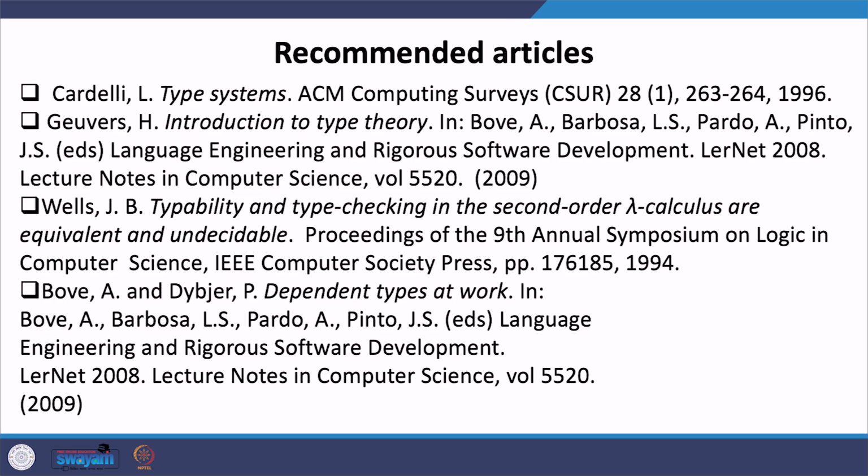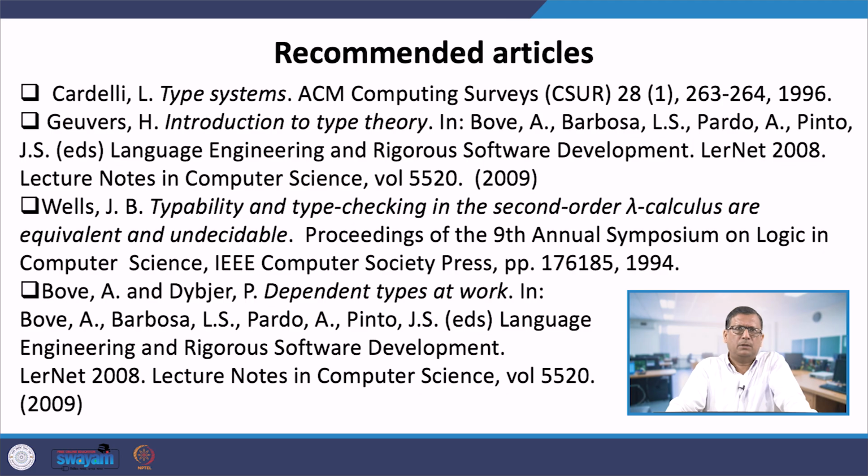First one, we are already familiar with this paper by Cardelli, Type Systems, and we have also used this paper, Introduction to Type Theory by Herman Geuvers, and for that particular result on undecidability you can see Wells, and this is the dependent types work by Bove and Dybjer.